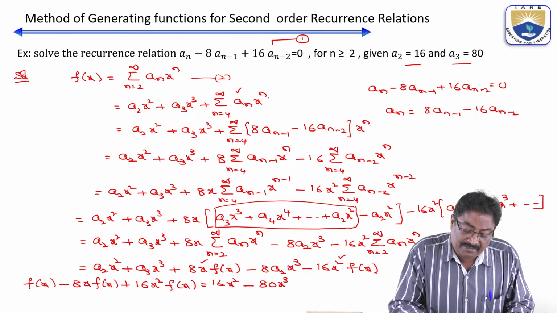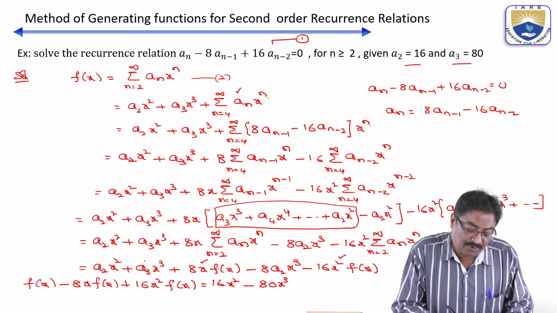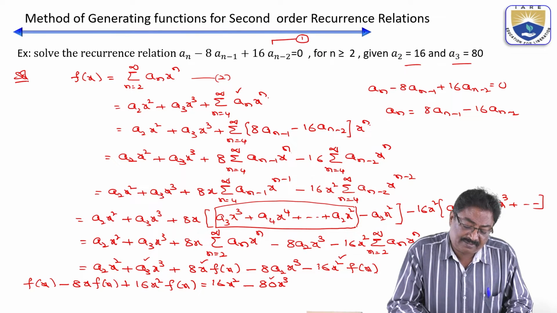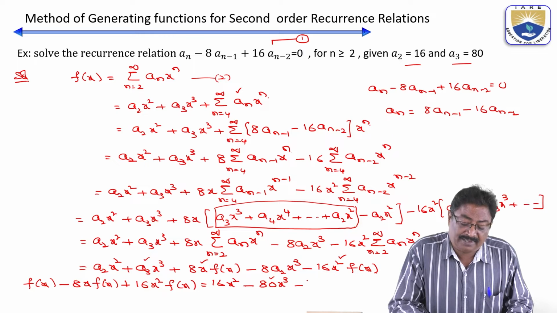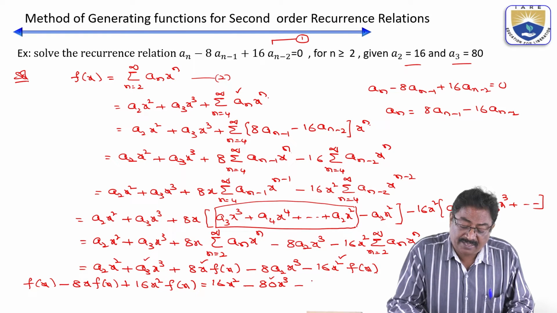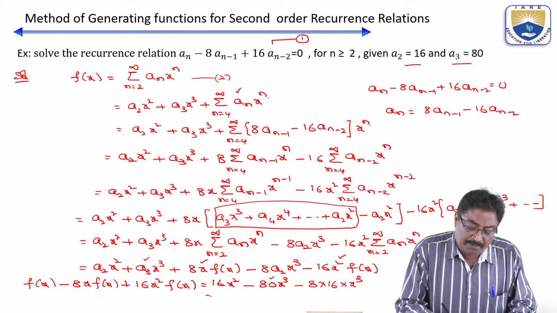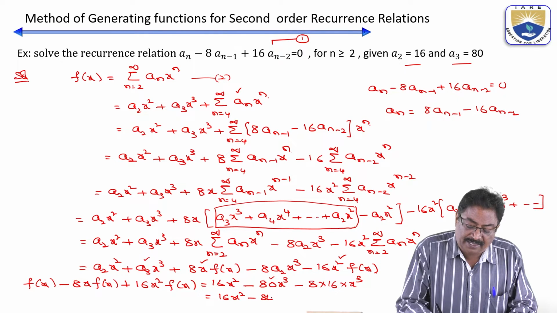Now what is 80? It is this for this, and now for this minus 8 a2. a2 is 16, so 8 into 16 x cubed. So what I am going to get is 16x square minus 80x cubed.